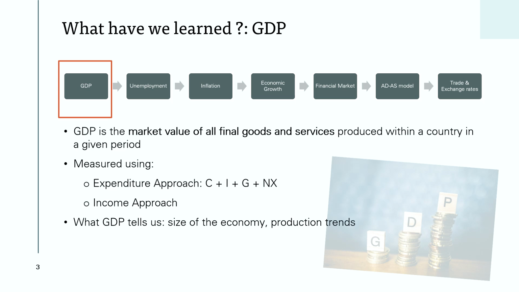The income approach measures the total income earned from producing goods and services. GDP helps us understand both the size of the economy and how production changes over time. Policymakers rely heavily on GDP to evaluate economic performance and business cycles.